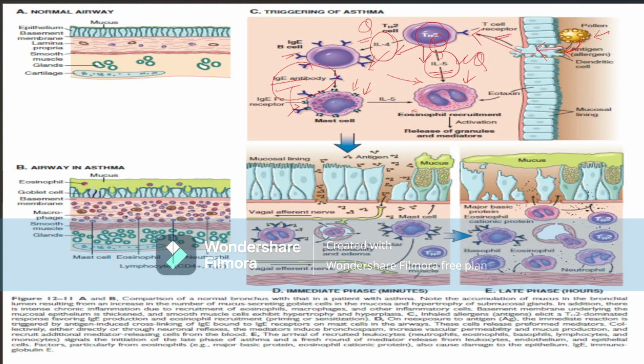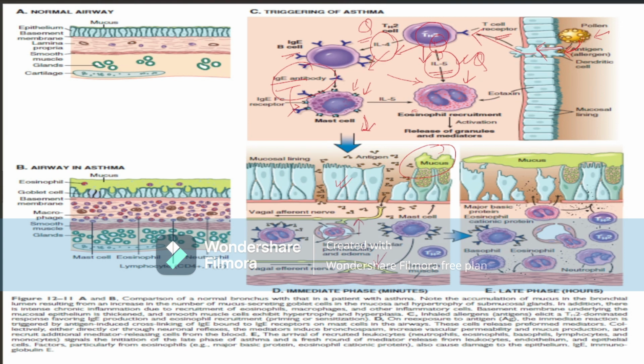After getting activated, the macrophage releases mediators like histamines, bradykinins, and other mediators. These mediators directly stimulate the goblet cell to produce more mucus, and also stimulate the vagus nerve present in the respiratory muscle.